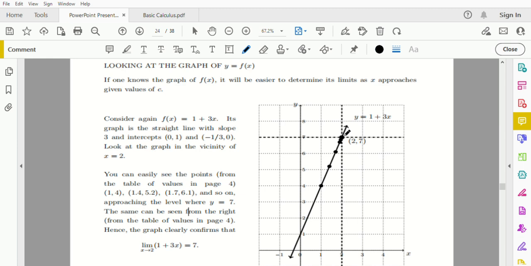Therefore, the limit of our function is 7, the same as our previous answer. As x approaches 2, by just looking at the graph, it also approaches this point, y equals 7.